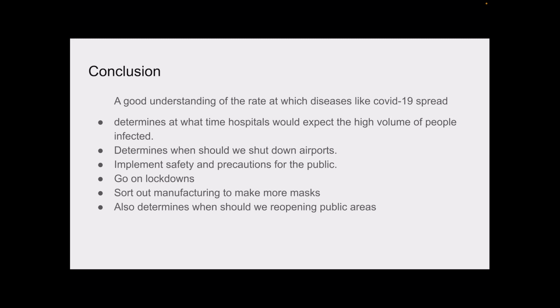And we've got to use the equation to understand when we should implement lockdowns. We also want to use the math to tell manufacturing when to expect highly infected people wandering out, so they can make safety equipment.